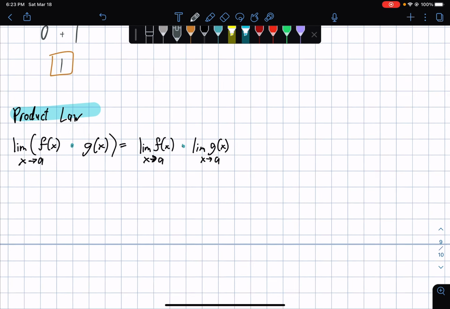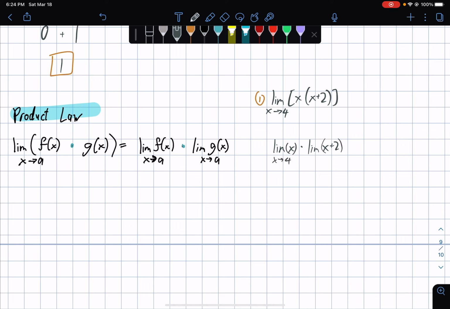So for example, limit of x times the quantity x plus 2 such that x approaches 4. Limit of x times the limit of x plus 2 such that x approaches 4.